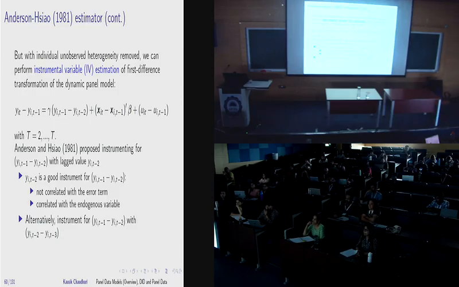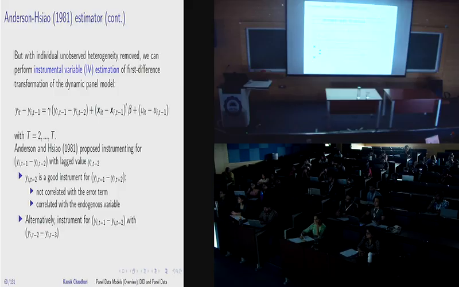This is endogenous: the covariance between y_i,t-1 minus y_i,t-2 and U_i,t-1 is not zero, and that causes the problem. Therefore, I want to propose some instrument.